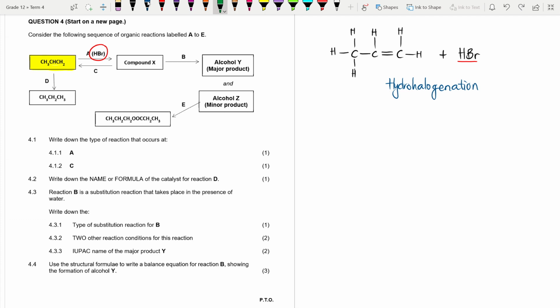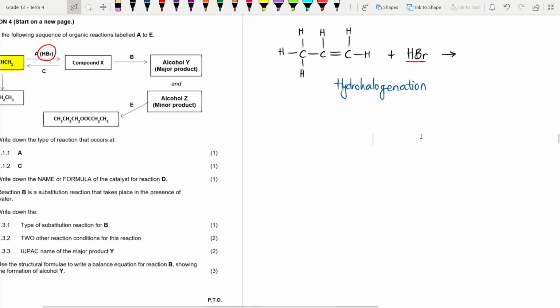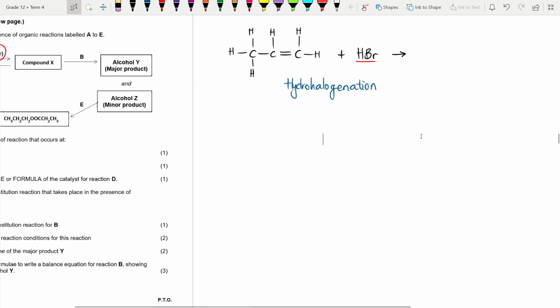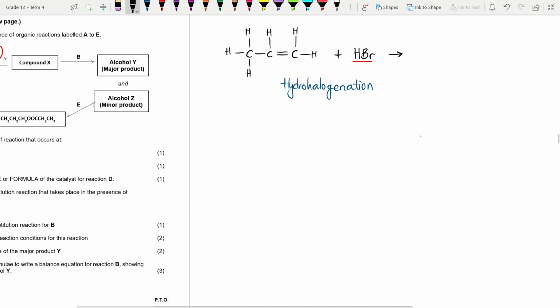So what will be the product and what will be the name of this reaction? Do you remember it? The product. Yes. So this is called halogenation.